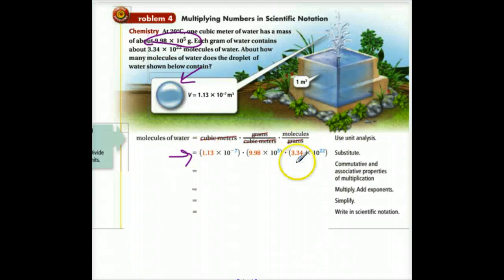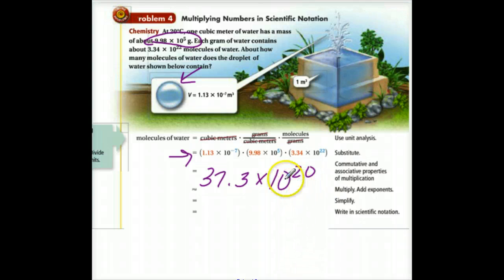So once you have this formula set up, we can pull out all the first factors in each parenthesis group. 1.13 times 9.98 times 3.34, and we get 37.7, I'm going to round, times 10, we have negative 7, and I'm going to add the exponents, plus 5, plus 22, 10 to the 20th power.